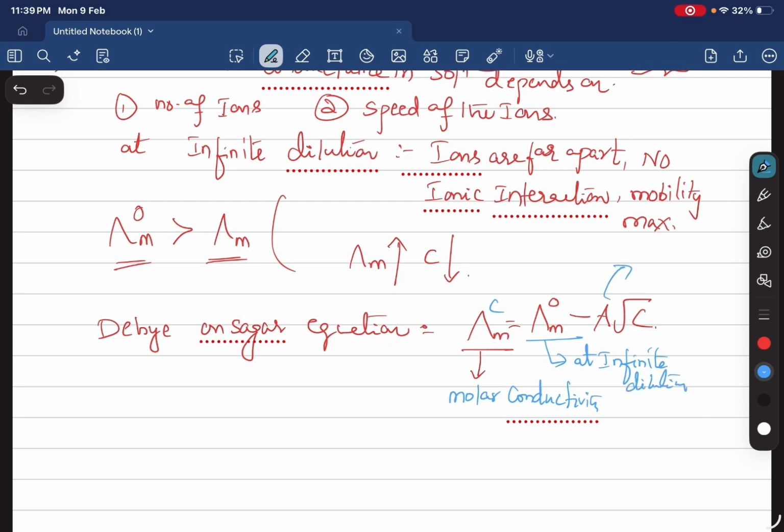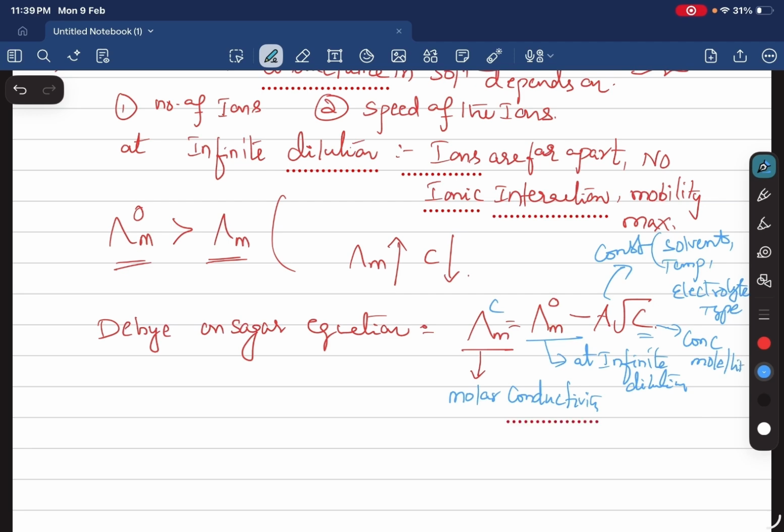A is a constant that depends on solvent, temperature and electrolyte type. And C is the concentration in mole per liter.